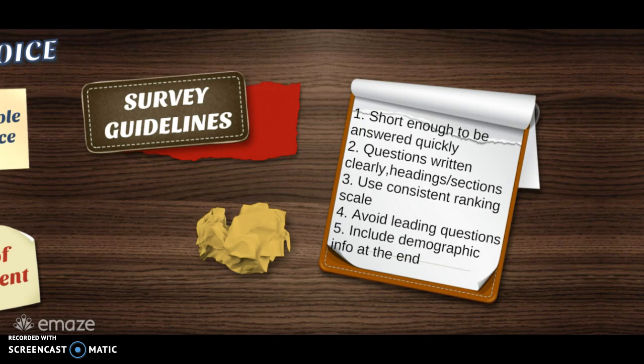Also avoid leading questions and including bias. So don't ask your survey respondents, don't you think that, and then the question. That would get them to want to answer a certain way. And then also include any demographic information at the end of your survey. Remember, you want your respondents to be as honest as possible about the questions that they're asked.